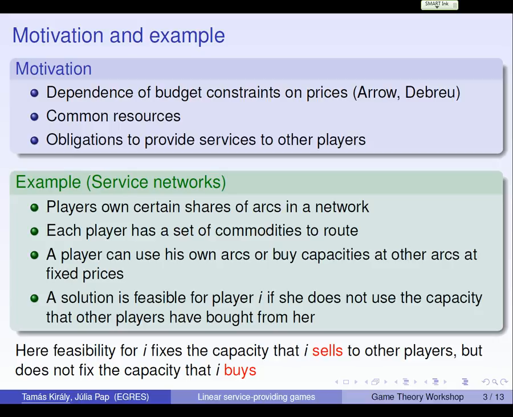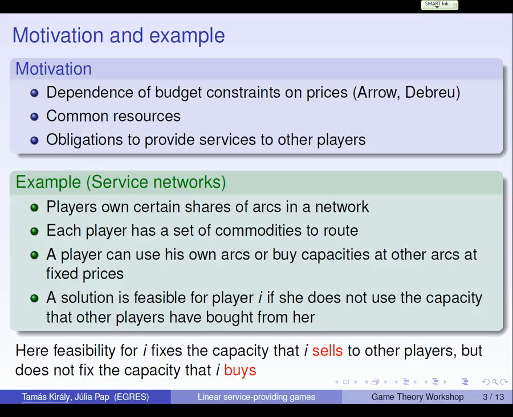And we say that a solution is feasible for player I if she does not use the capacity that other players have bought from her. So this is a natural condition that in some sense the buyers are stronger. If someone decides to buy some capacity from you, then you cannot say that you don't sell it to them.